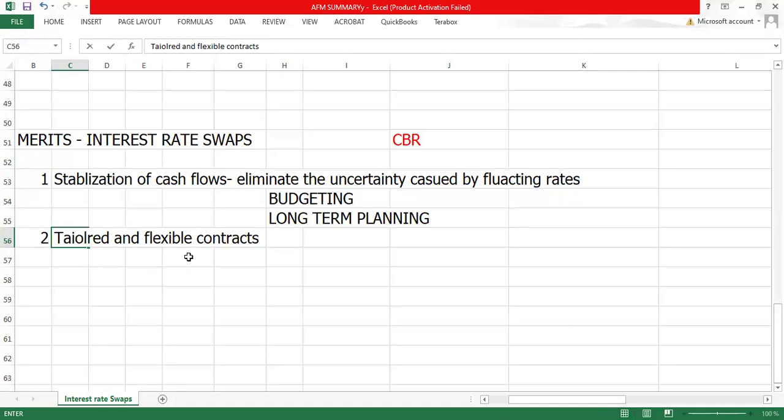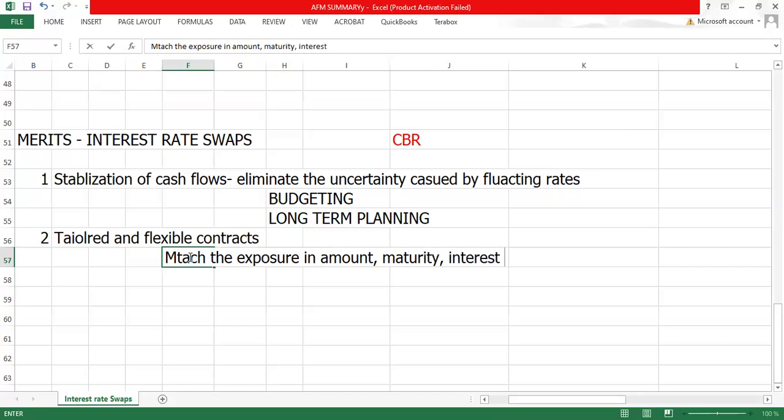So you can design this arrangement in a way that you match the exposure in amount, maturity period, things related to interest rate, okay, it's the same interest rate.